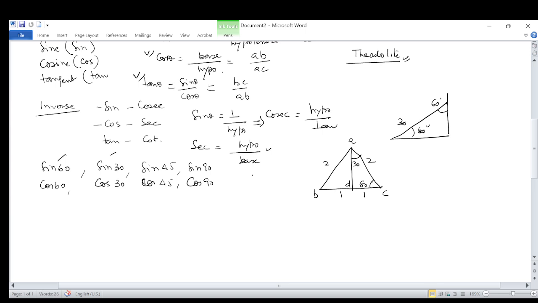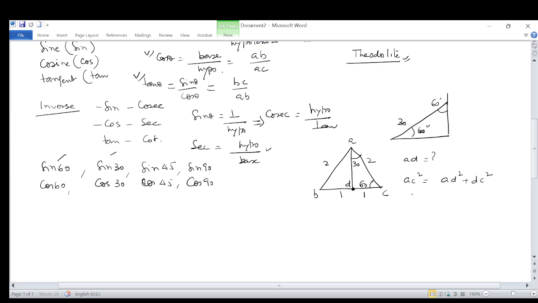Let us start now. AD you don't know. AD is the perpendicular; AC is the hypotenuse, and DC is the base. Applying the Pythagoras theorem, AC square is equal to AD square plus DC square.